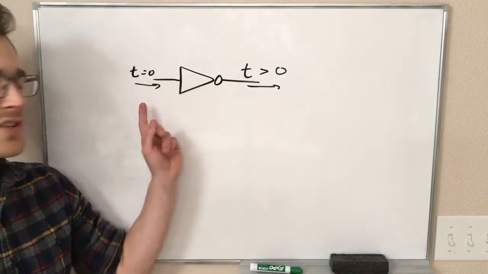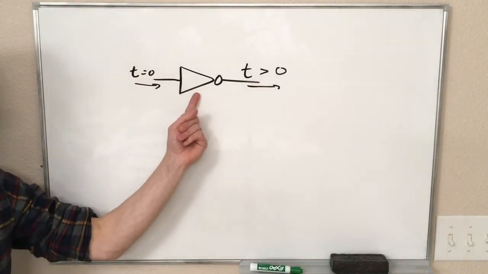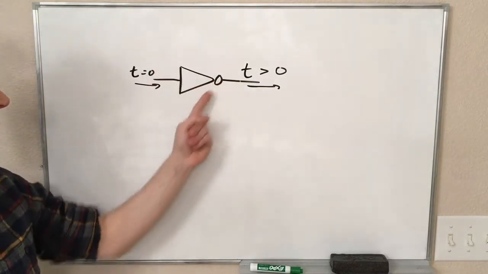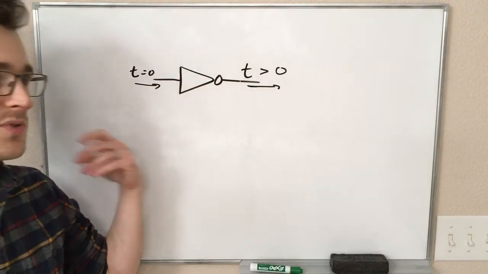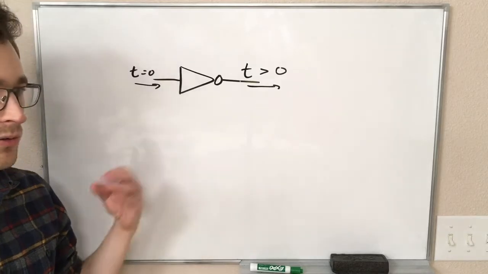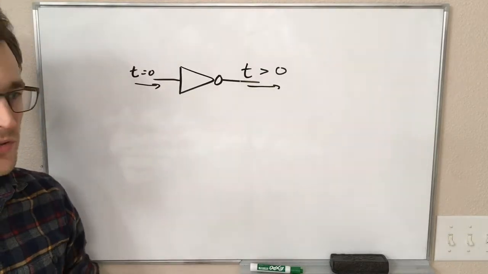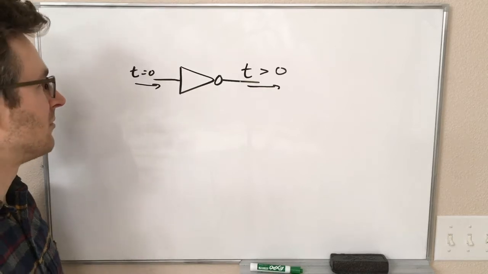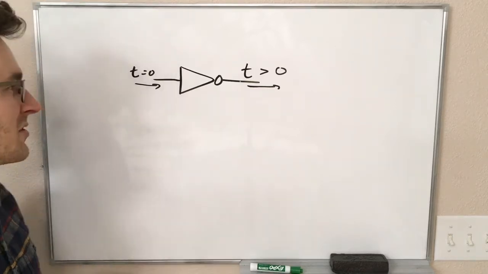And how fast this happens depends on some details about what's going on here. In particular, what flavor of logic device this is, CMOS versus TTL, and also which family it falls into. You can look up more information on that if you want, logic families.